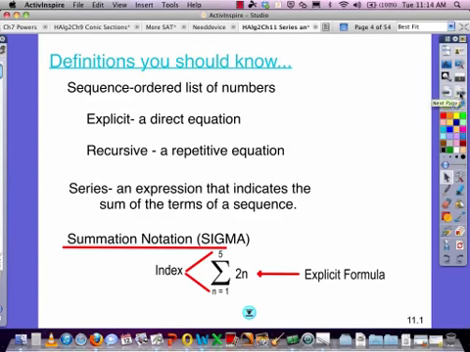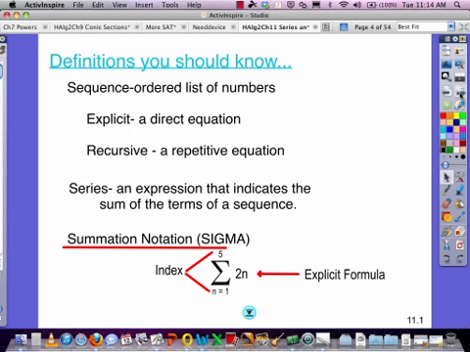So let's double check. We have some definitions. A sequence is nothing more than an ordered list of numbers. We have talked about an explicit sequence being a way to go directly to your equation. In some cases, we'd like to say directly to your number. If we say we have a recursive list, now the situation there is that there's a repetitive process going on.